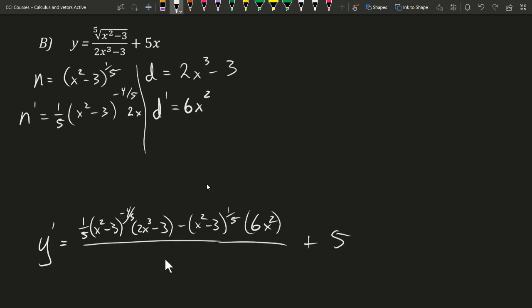And then I divide the whole thing by 2x to the third minus 3, all of that squared.